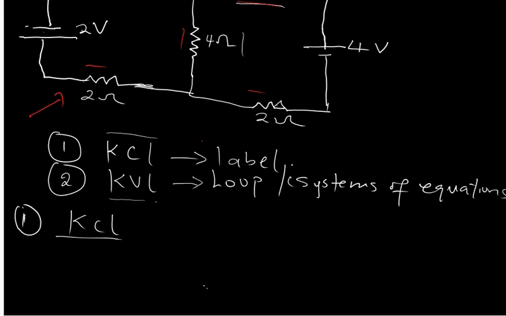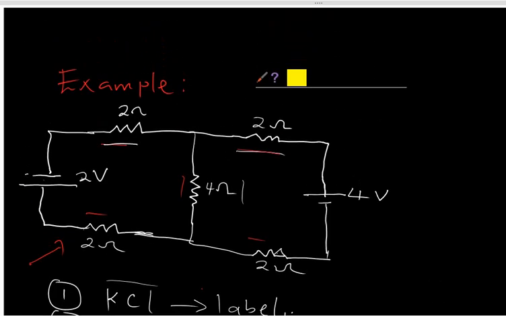Now let's apply KCL. So how do I apply KCL? Let me start with this loop. I have two voltage sources. So let's look at the situation. Current flows, then there's a junction.